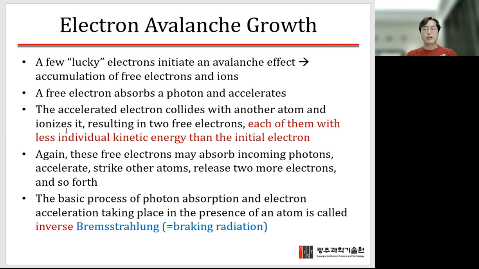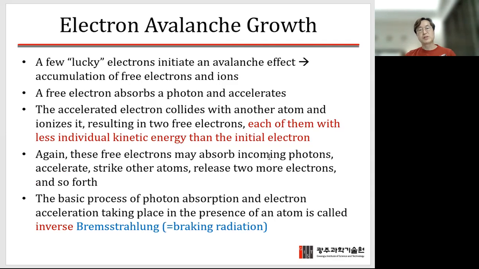The accelerated electron is going to hit another atom and cause ionization itself, so that there will be another free electron. So now a single free electron becomes two free electrons, and then 4, and then 8, 16, and then 32, 64, like that. Each of them has less individual kinetic energy than the initial electron.